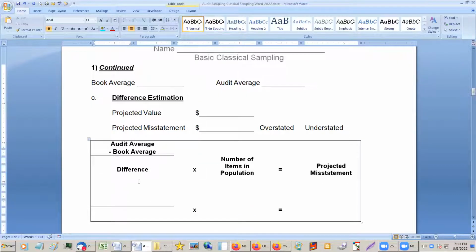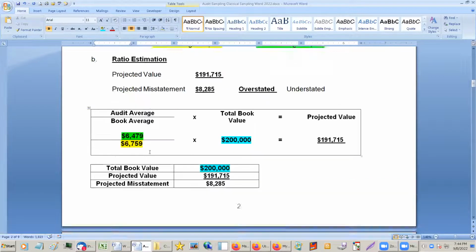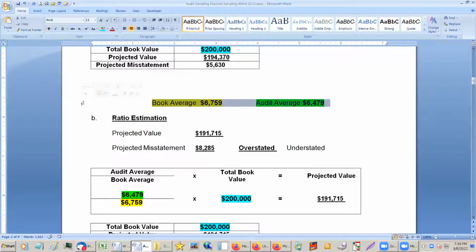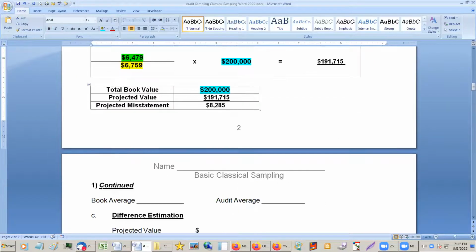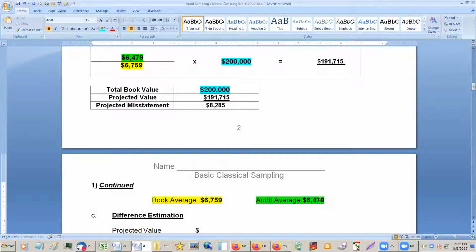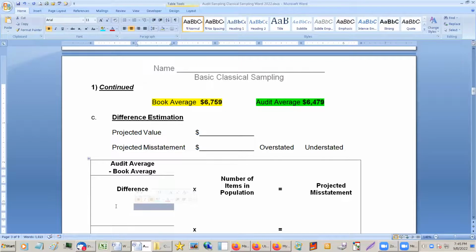The last one is a little bit wacky in that it's the difference estimation. The idea is that everything is off by the same amount.